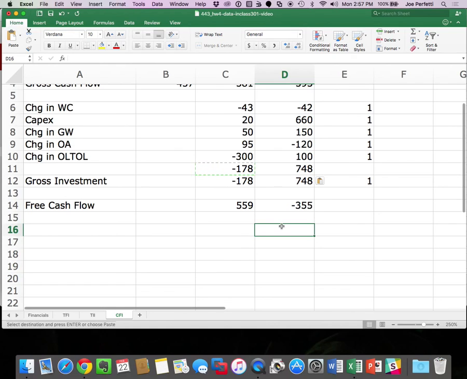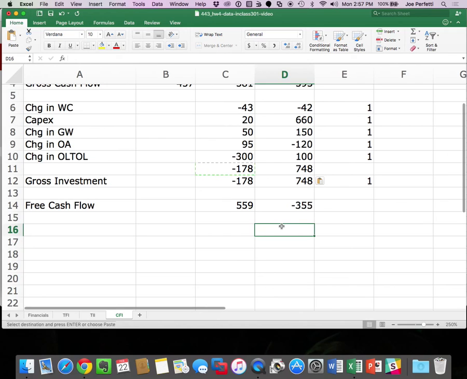Because it's really easy when you're cutting and pasting a lot of things to make a mistake. You forget something, or worse, you copy and paste the wrong line item, and then things don't add up, right? But if you copy and paste the wrong line item in there, and you don't try and balance it out, you have no idea that you made a mistake until it's probably too late for your career, right? So basically, it's more important to do the balancing because it means you're less likely to screw up.